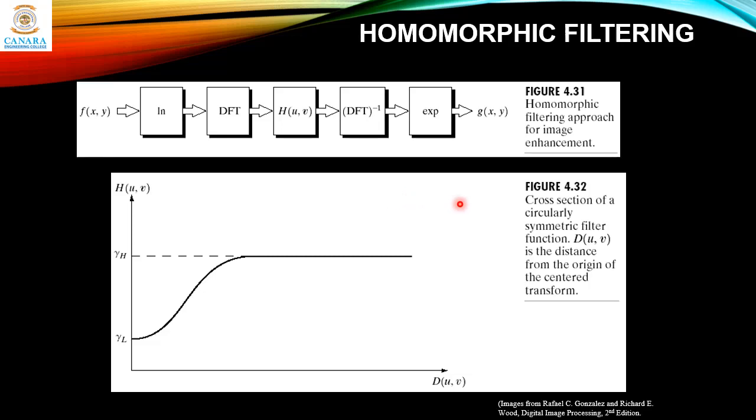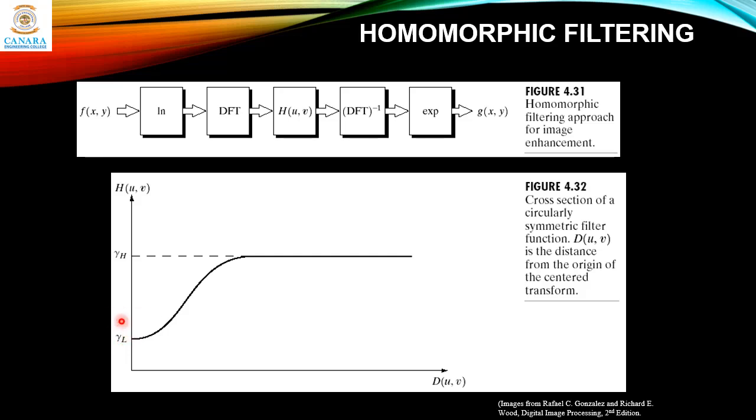A good deal of control can be gained over the illumination and reflectance components with a homomorphic filter. This control requires specification of a filter function H of uv that affects the low and high frequency components of the Fourier transform in different ways. This figure shows a cross section of such a filter.